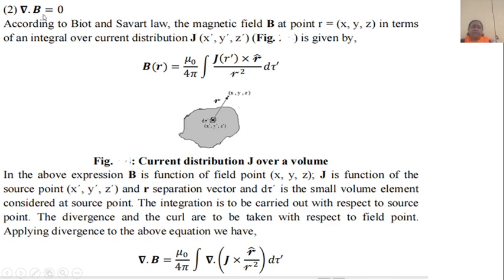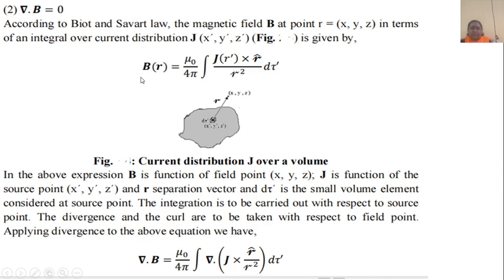Now the second equation, that is del dot B equal to 0. According to Biot and Savart law, the magnetic field B at point r equal to x, y, z is given in terms of an integral over current distribution J(x dash, y dash, z dash) as shown in figure here.